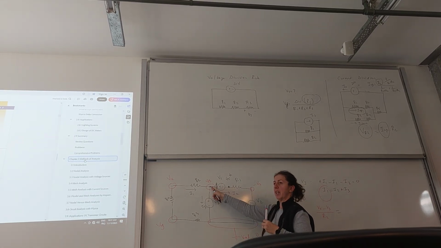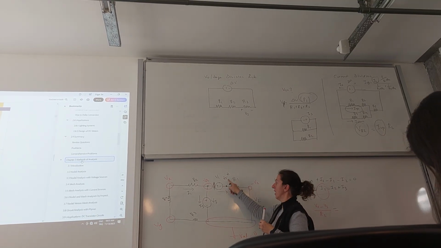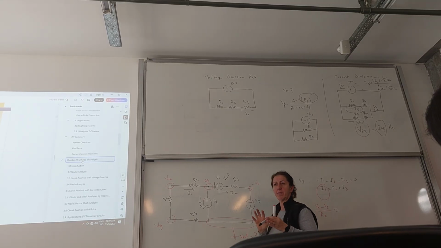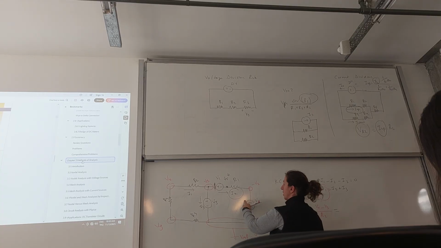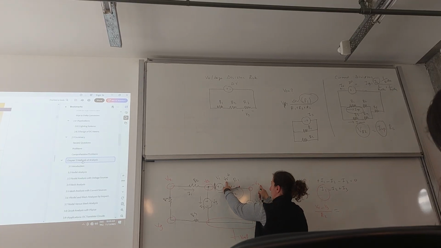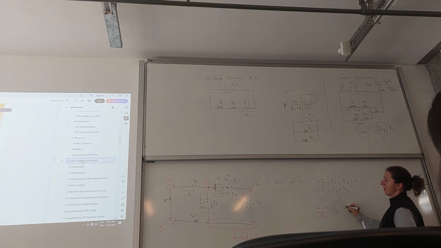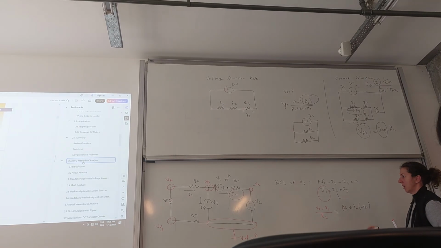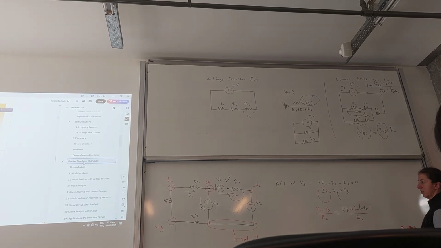Because I have V3 here, I added this battery source, and since this is the negative side, the potential exactly at this point is V3 minus V1. Clear? Now I can look at what this current is, because this current is flowing from this potential to that potential. So I2 will be V3 minus V1 minus V2, divided by R1.